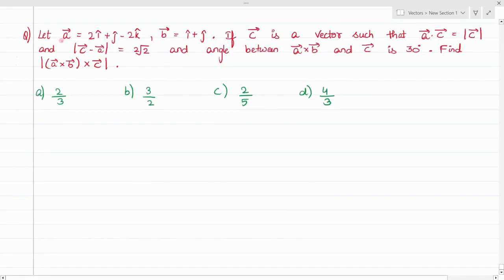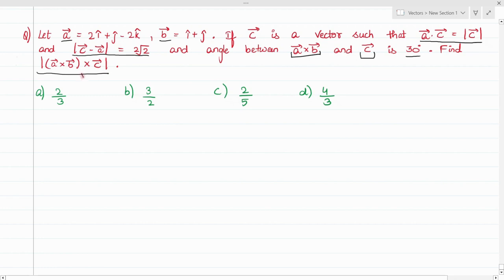In this question, it's given that A vector and B vector are given. And C is a vector such that A dot C is magnitude of C vector, and C minus A, its magnitude is 2 root 2, and the angle between A cross B and C is given as 30 degrees, and we need to find the value of this.